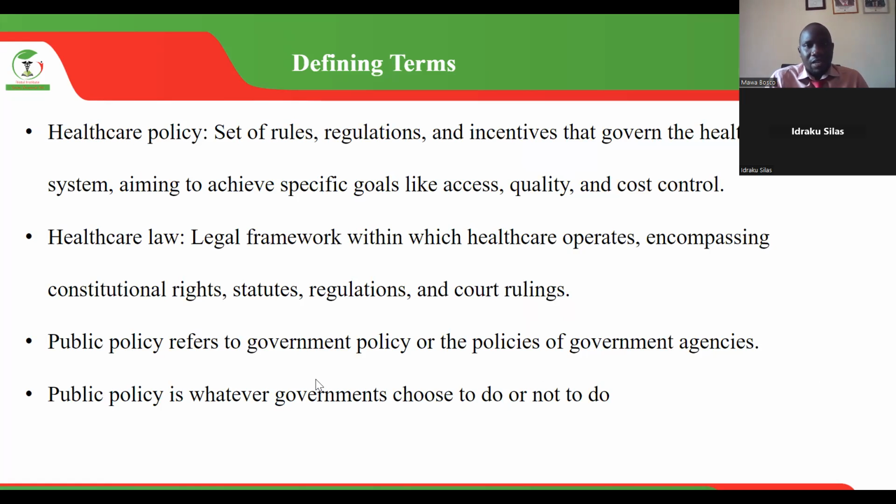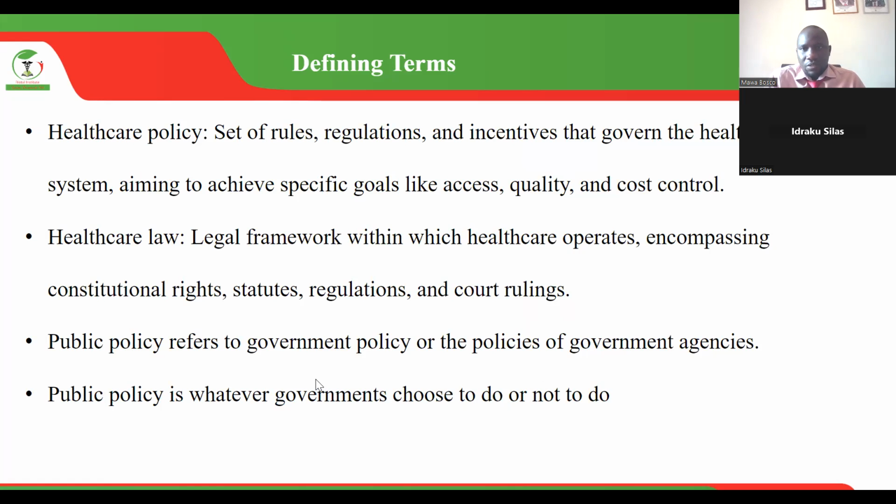So let us first understand the basic terms used in this presentation. When we talk about a policy, we are basically referring to decisions that have been made on what needs to be done in a particular situation. They can be guidelines, rules, or regulations on what needs to be done.